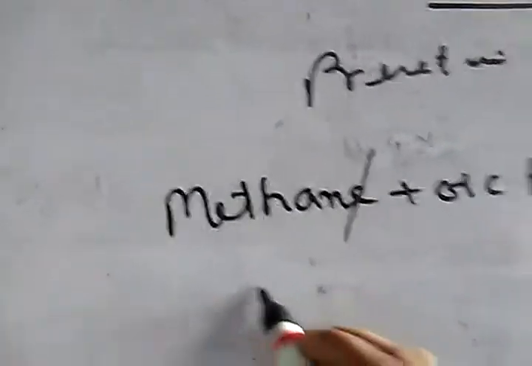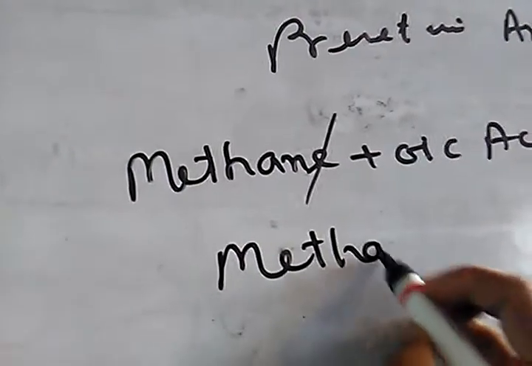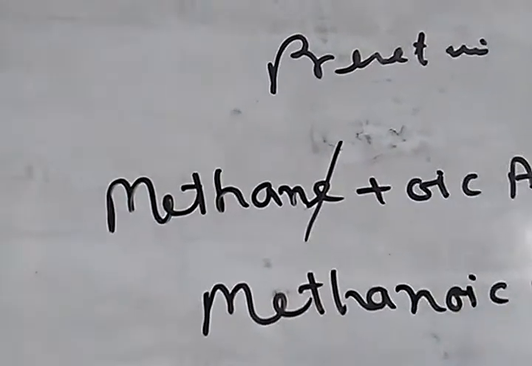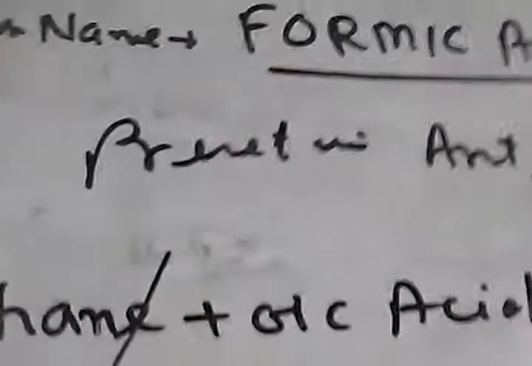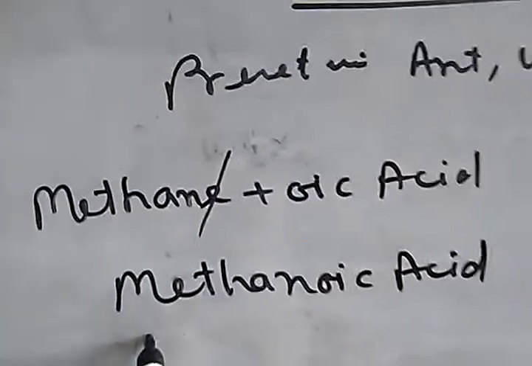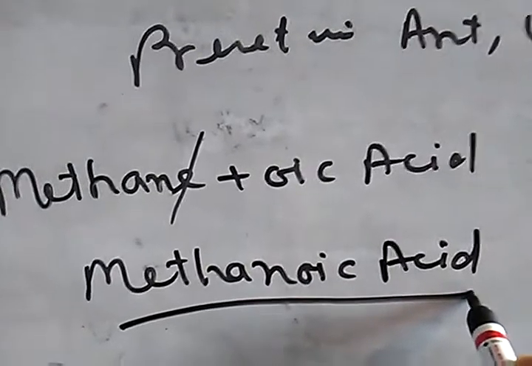E will be removed, it will be methanoic acid. So methanoic acid is the IUPAC name of formic acid. Common name is formic acid and IUPAC name is methanoic acid.